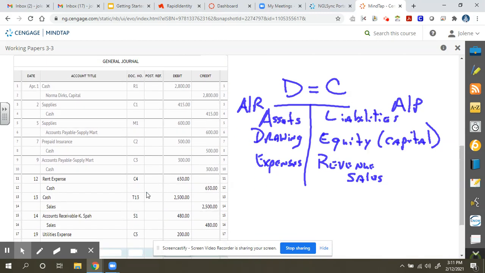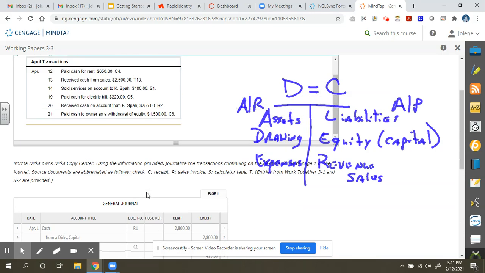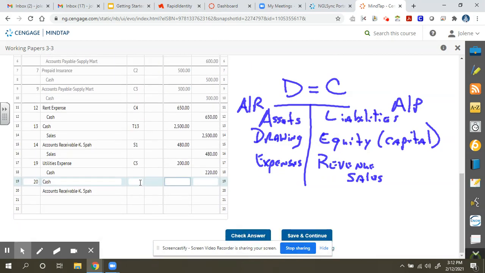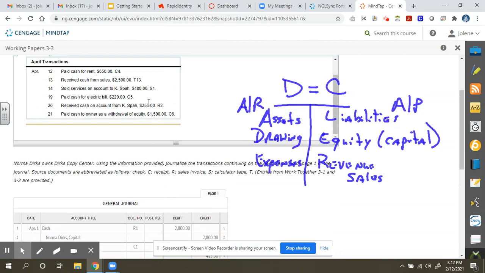Now, whenever anybody gives your business money, you give them a receipt. That's why it's R2 right here, receipt number 2. So we have to fill that in as the document. No different than me going to Arby's and buying a sandwich. They're going to give me a receipt for paying for that, giving them money. Now, how much did she pay? K Spa paid $255.